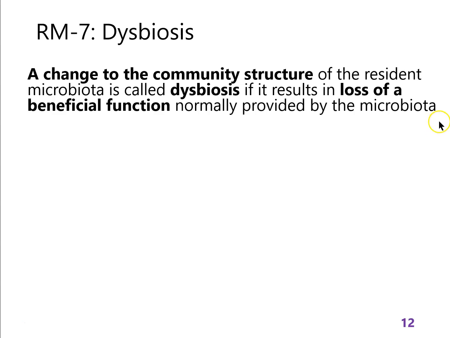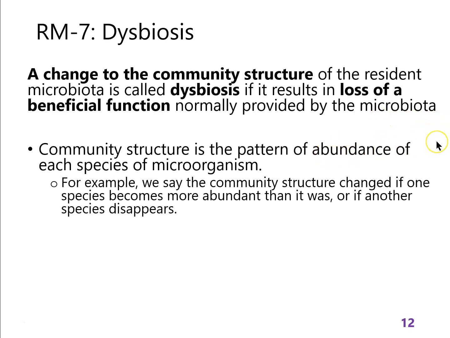What is community structure? Well, it's the pattern of abundance of every species. So community structure is the overall term we use for describing which species are abundant, how abundant are they.